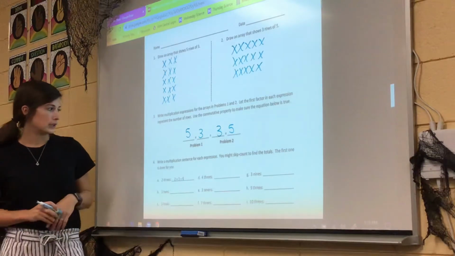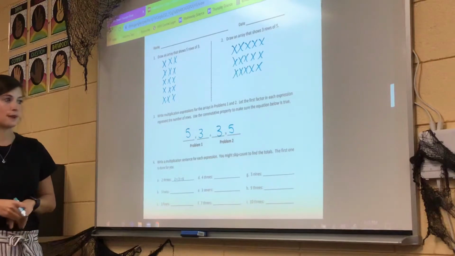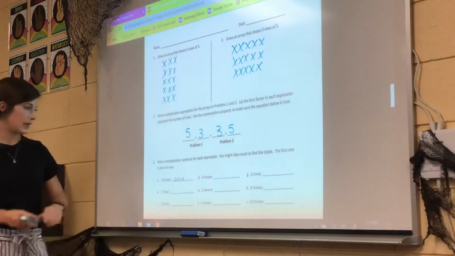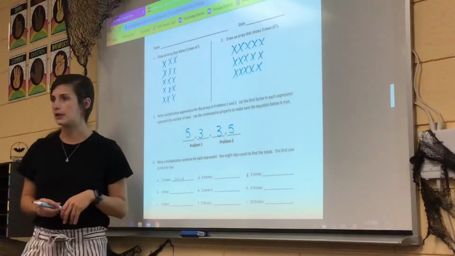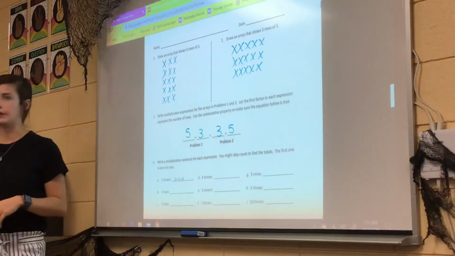Number 4 just says write a multiplication sentence for each expression. You might skip count to find the totals. So if you need help, you might skip count. It gave us A. 2 3s says 2 times 3 equals 6. Okay, let's do D together. 4 3s.